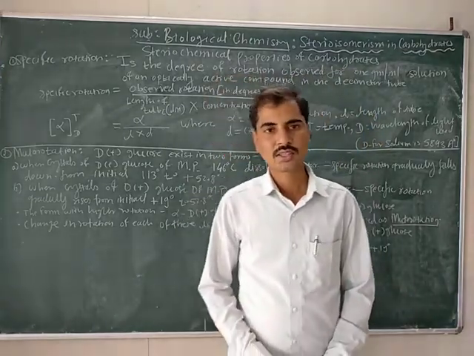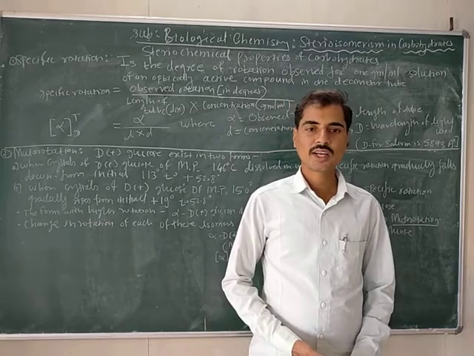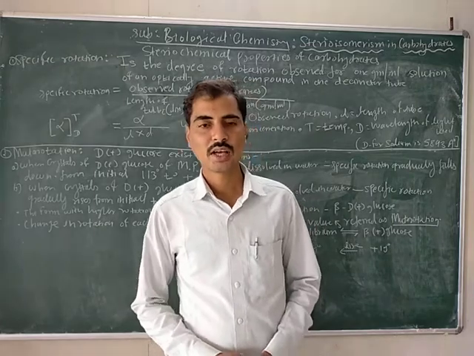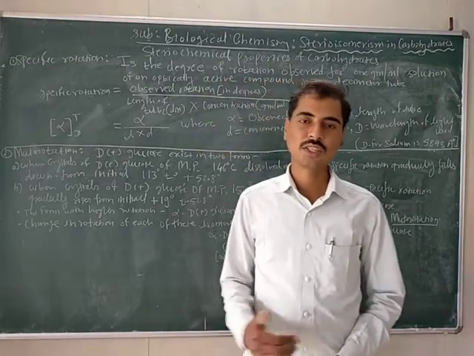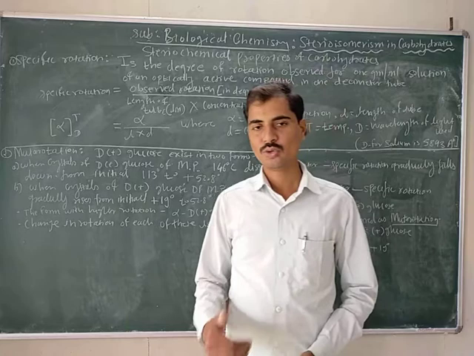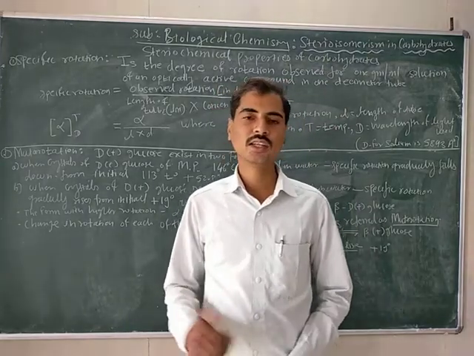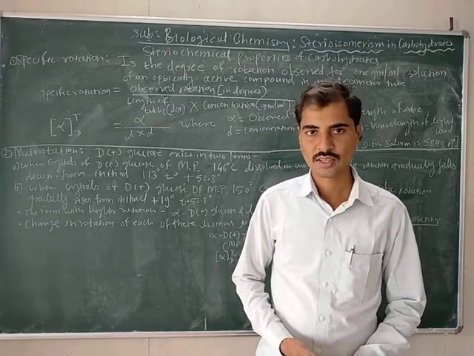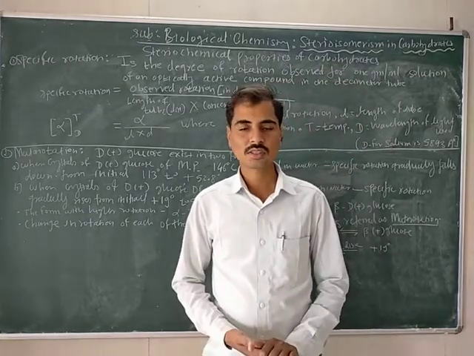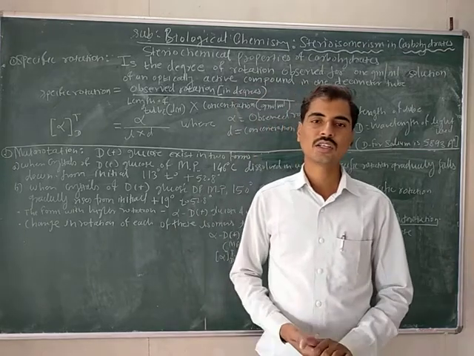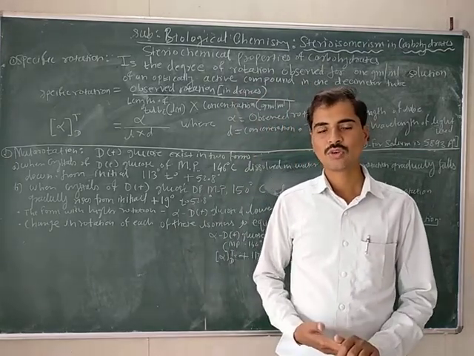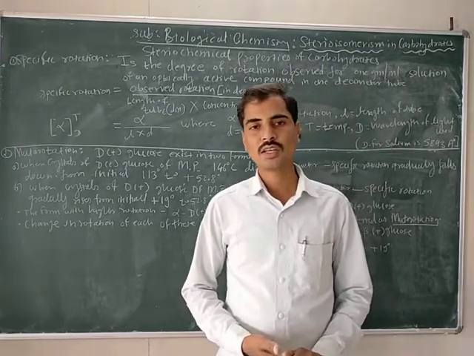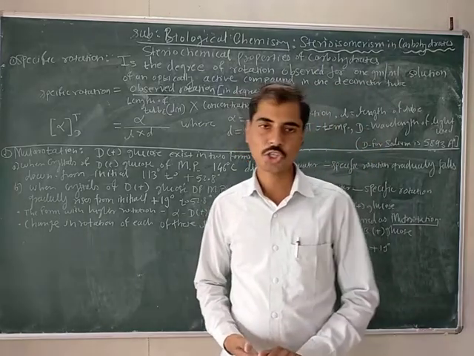Dear students, the monosaccharides consist of asymmetric carbon atoms, and due to the presence of the asymmetric carbon atoms, the monosaccharides can exist in different forms known as isomers, and these different forms of the carbohydrates show different stereochemical properties. The first stereochemical property is the specific rotation.